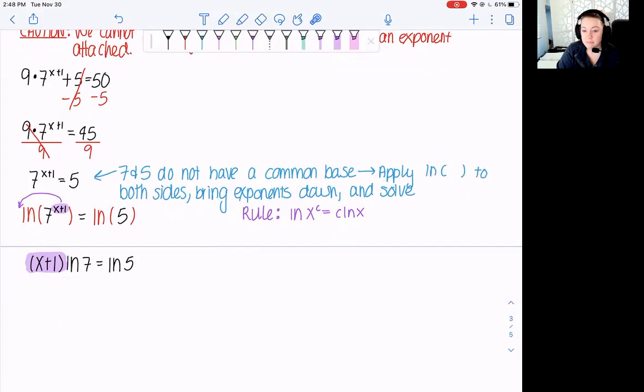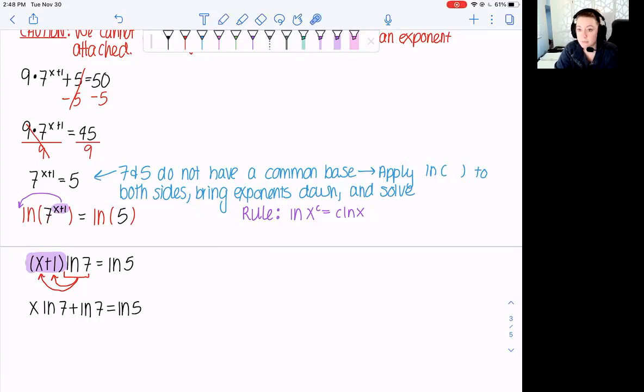We want to get x by itself now. What we're going to do is take this ln 7 and distribute it. So we have x ln 7 plus ln 7 is equal to ln 5. I'd also like to point out here that there's nothing special about ln. You could use log here.